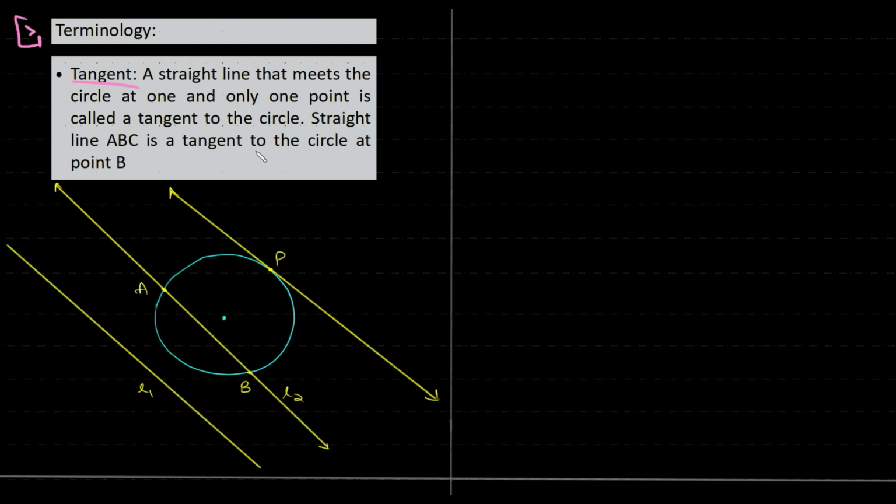Straight line ABC is a tangent to the circle at point P. Okay, let me change the diagram. So this is your line ABC, right? To this circle, it's a tangent at point B, right?